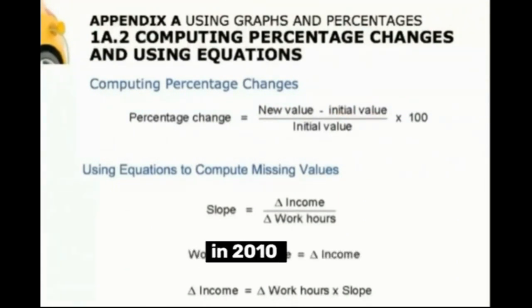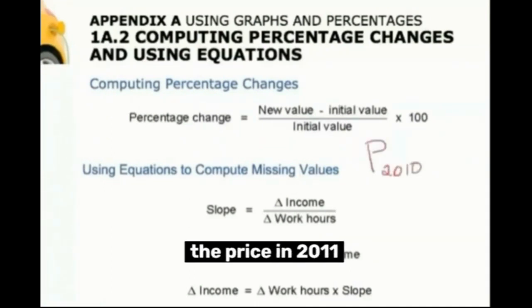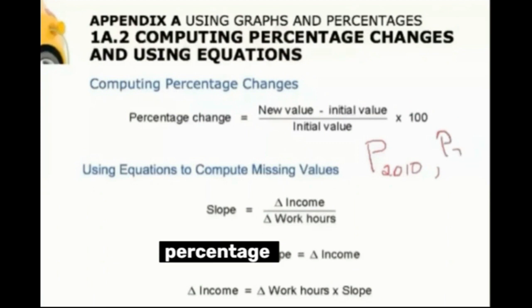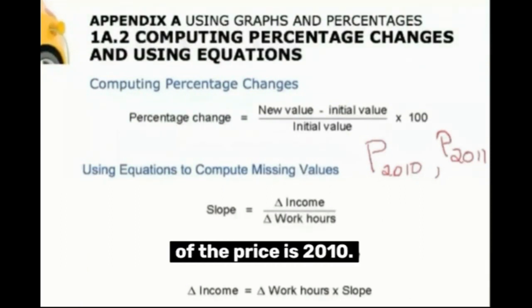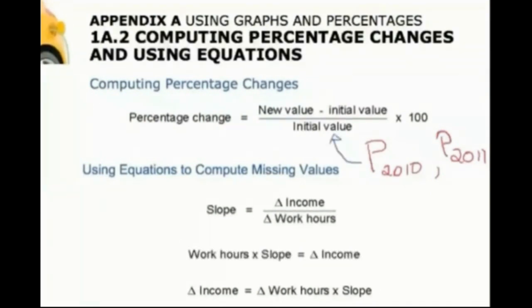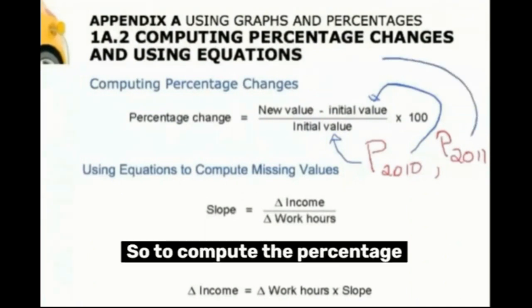So suppose we have the price in 2010 and the price in 2011, and we want to look at the percentage change of those prices. Well, the initial value of the price is 2010, so it's going to go into the formula here and here. And the new value of the variable is the price in 2011, and you plug that in here.